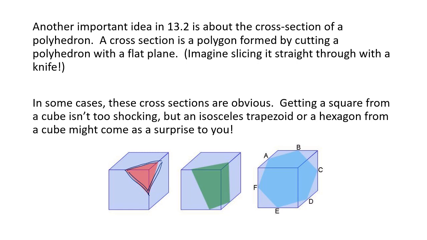So getting rectangles and squares is a piece of cake, but getting something like a triangle may not be obvious, though it's possible. Also, you could see this is a quadrilateral, but because we're cutting at this angle, we're cutting closer to the vertex here and further away from the vertex here.